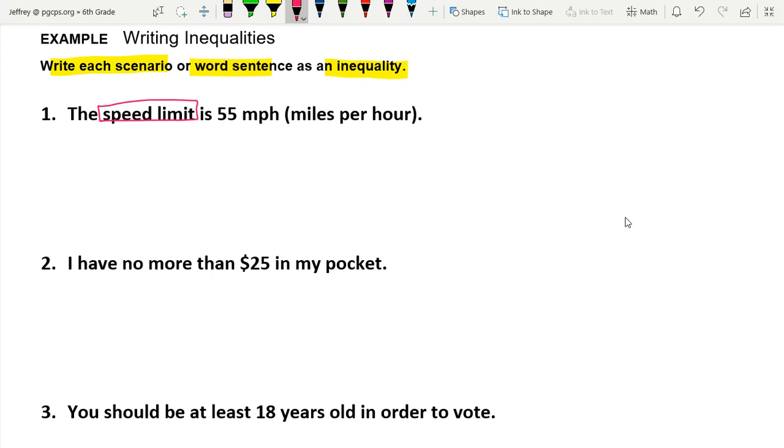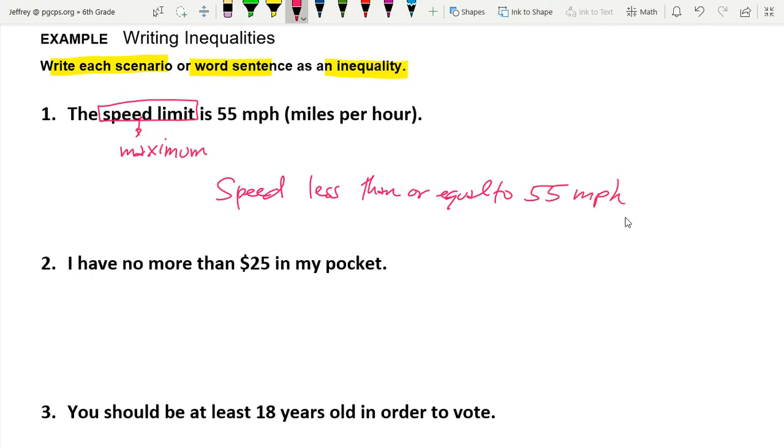Speed limit would be your maximum speed, right? So that means your speed should be what? Less than or equal to 55 miles per hour, right?